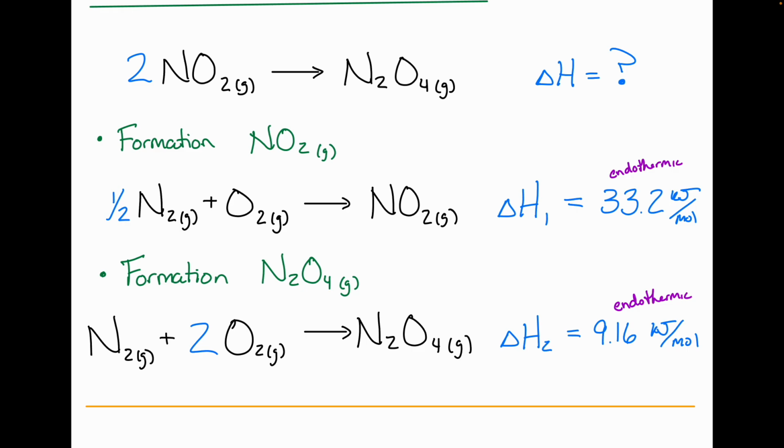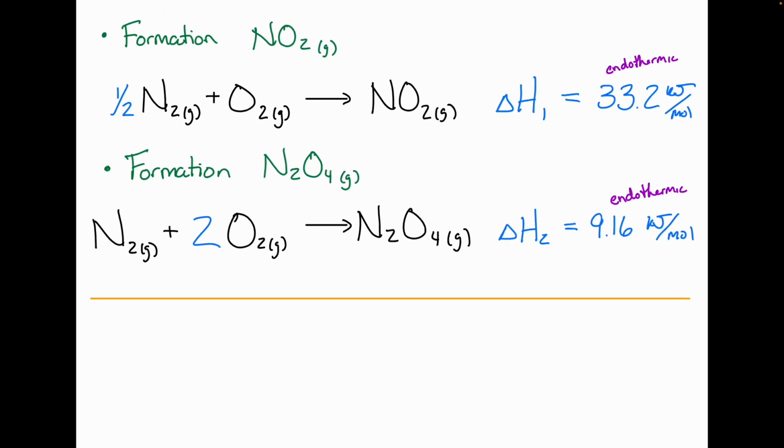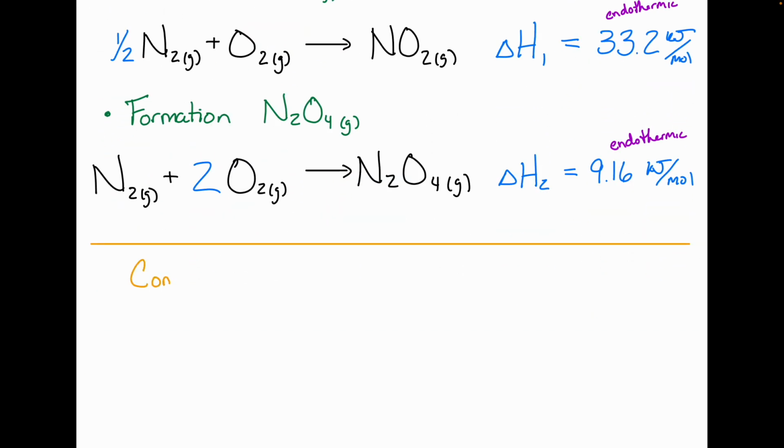Now we're going to combine these formation reactions together in order to get back to that overall chemical equation. All right. So our goal, let's just state here, is to combine our formation equations to get that overall chemical equation that we started with.